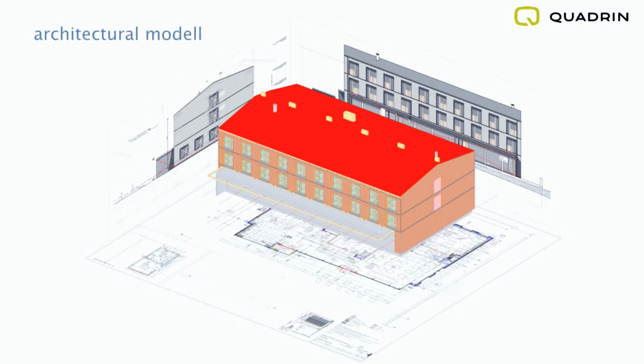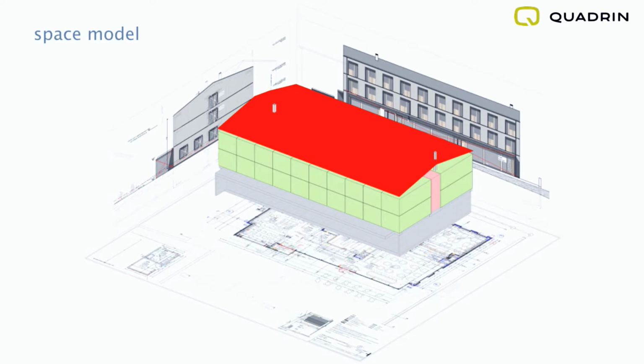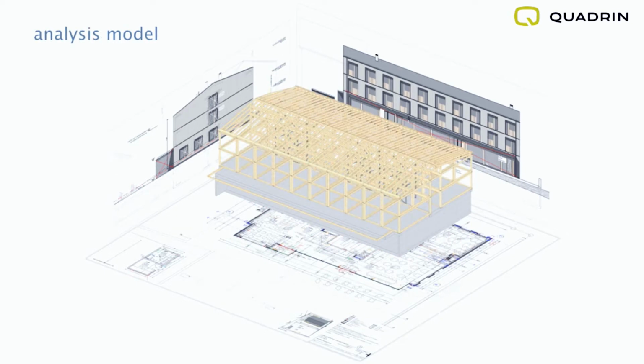These reference models, as I said, the space models, the structural models to make all these earthquake simulations, these static simulations, and the MEP, the mechanical, electrical, plumbing model as well.